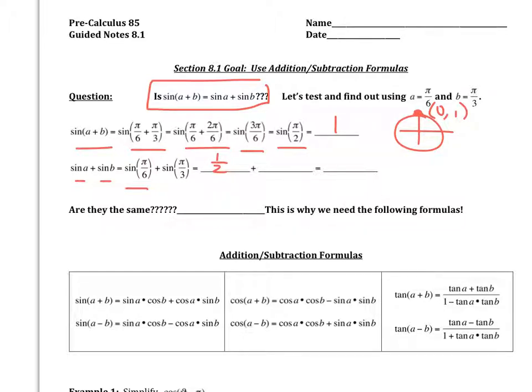What is sine of pi over 3, or sine of 60 degrees? Root 3 over 2. So the question is, is 1/2 plus root 3 over 2 equal to 1? No, it would be 1 plus root 3 over 2. So are these two things equal to each other?